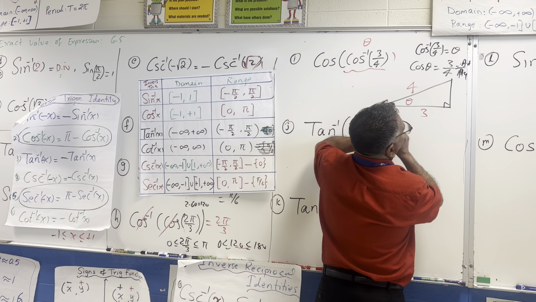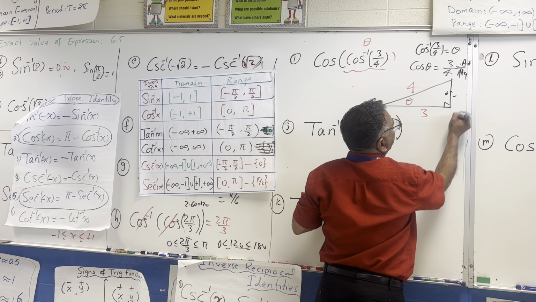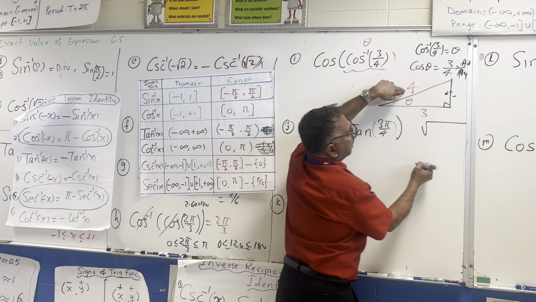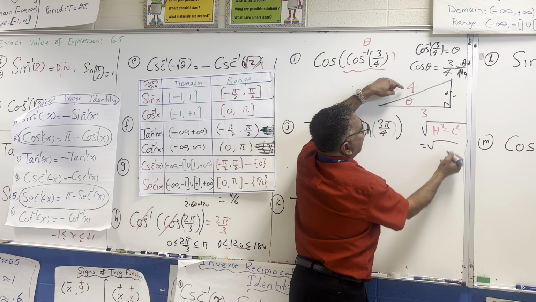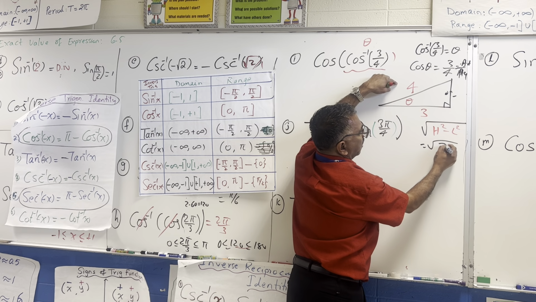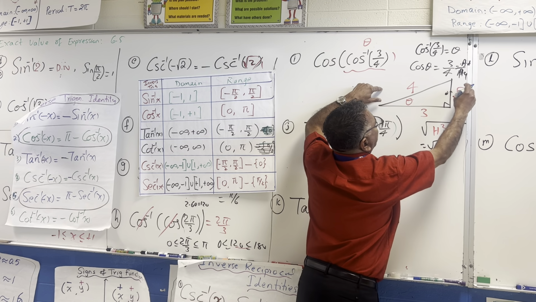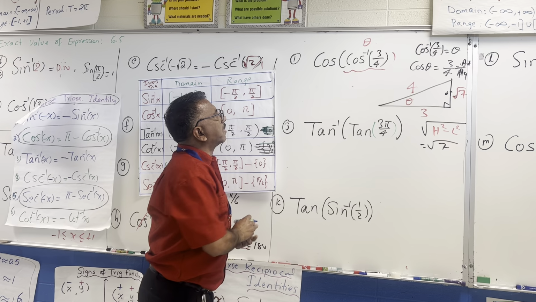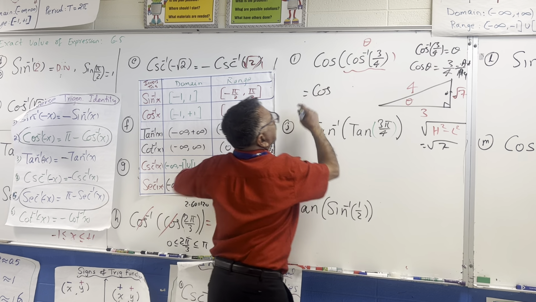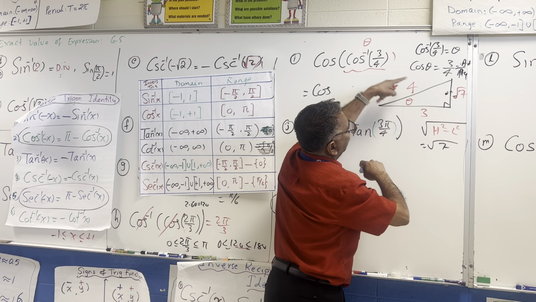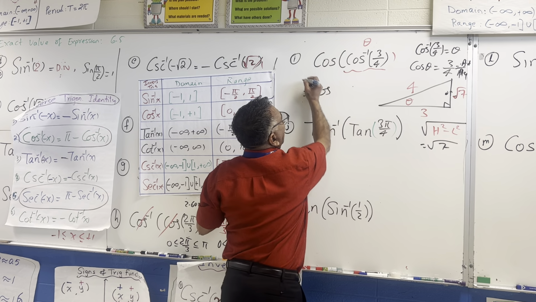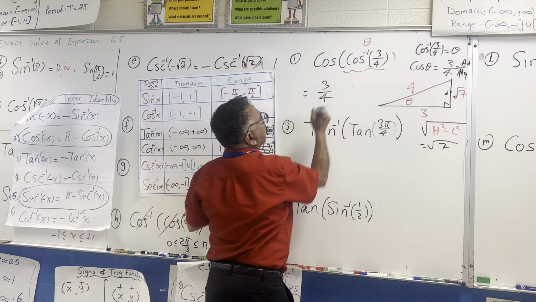So 3/4, and then we need to find the opposite, and the opposite you can directly get using the square root of the hypotenuse squared minus the leg squared. So I'm going to write directly 16 minus 9 is 7. So this is square root of 7, and now you can directly write cosine of theta is just 3/4. So this answer will be 3/4.